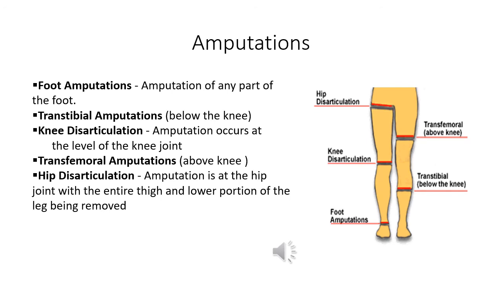Sadly, clients with peripheral arterial insufficiency problems often end up with an amputation, and so sometimes it's done directly as the fix, or sometimes it happens after a failed procedure like one of the ones we just talked about.